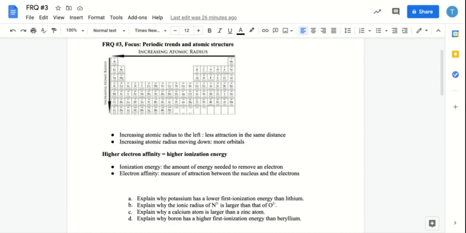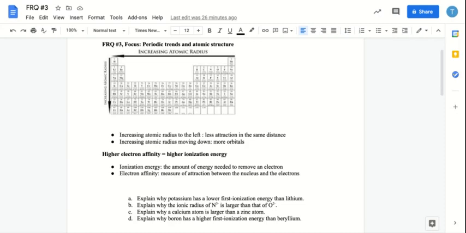For B, the ionic radius of N3- is going to be larger than that of O2-. They have the same amount of electrons because they're both ions, but the oxygen is going to have an extra proton because oxygen is number 8 and nitrogen is number 7 on the periodic table.